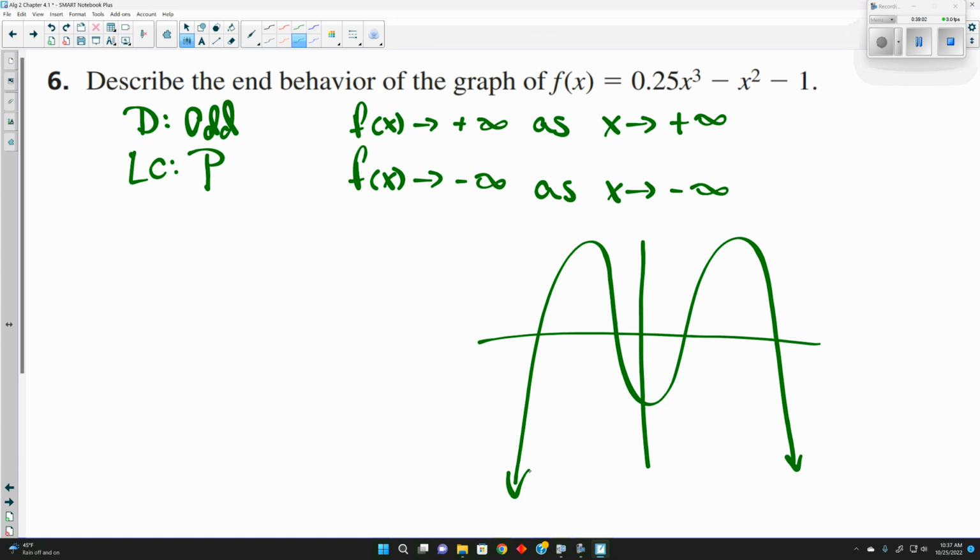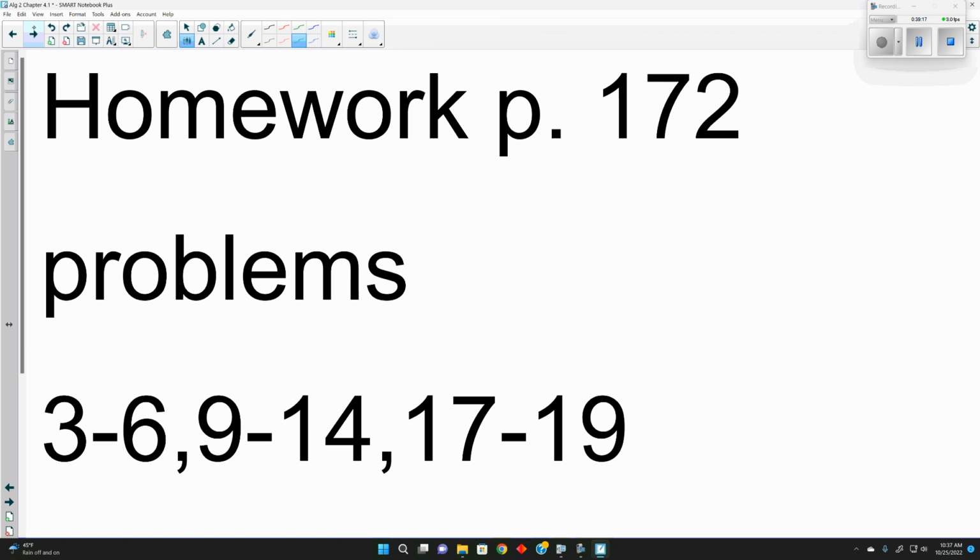Which means at some point, because this is where the window ends, this function should come back up. It gives us an idea of where the zero should be, or kind of what the graph is going to do. And that's the main thing with this here. And that's the end of 4.1.